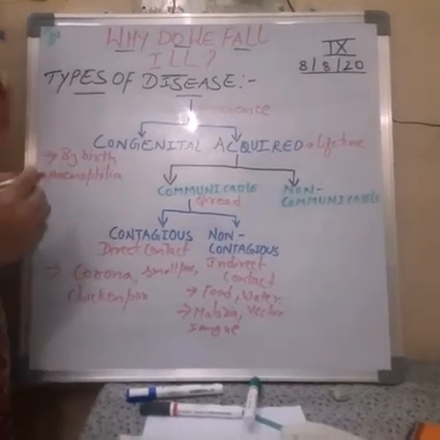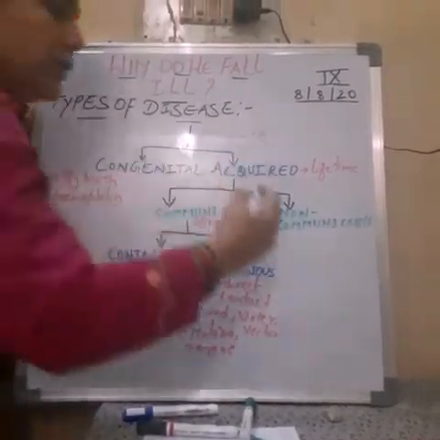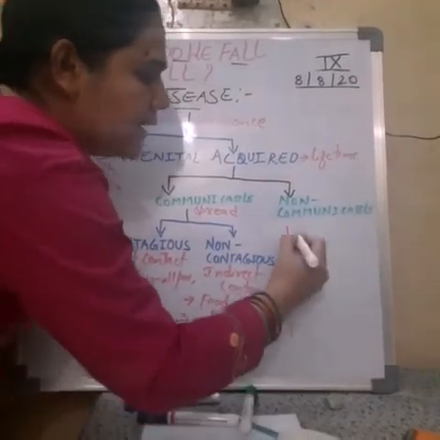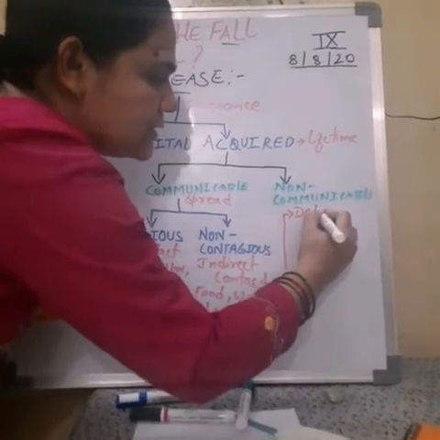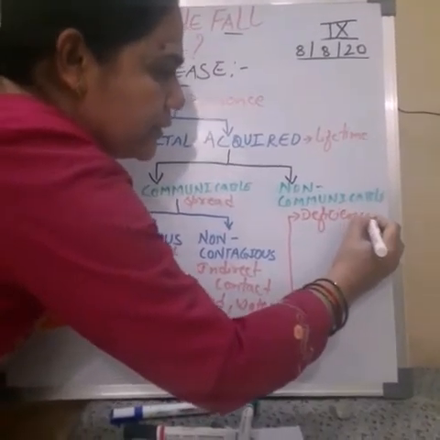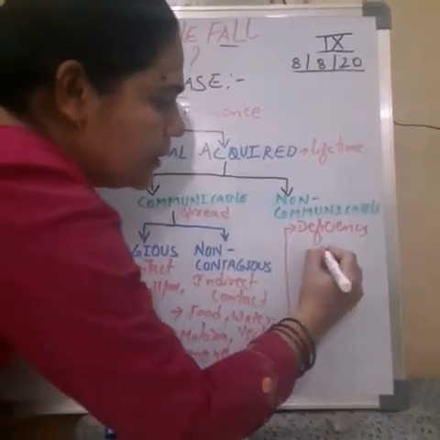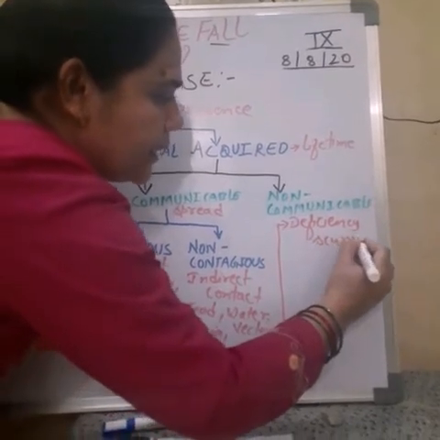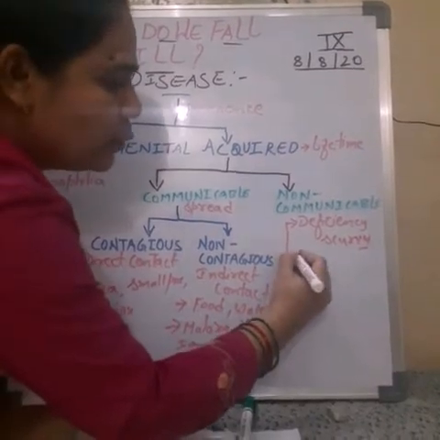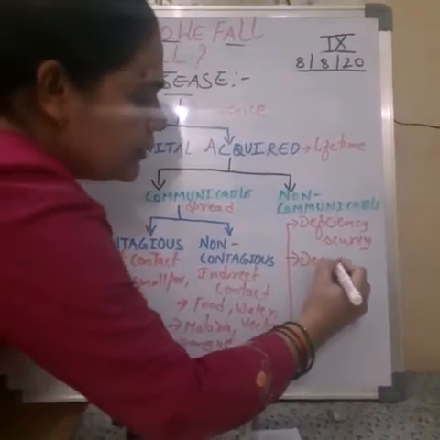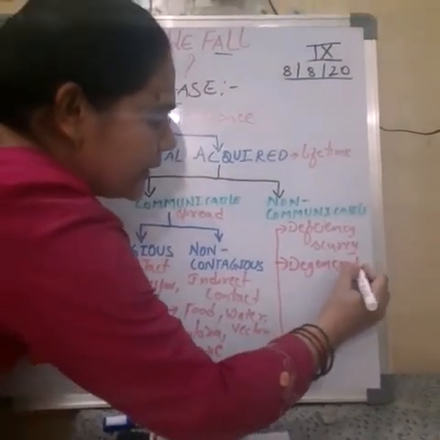Coming to non-communicable disease. Now these non-communicable diseases we can again categorize into four types. First one is deficiency. We are all familiar with this, isn't it? One good example is scurvy, that is deficiency of nutrients. Then coming to the next one, degenerative. This is also called organic.